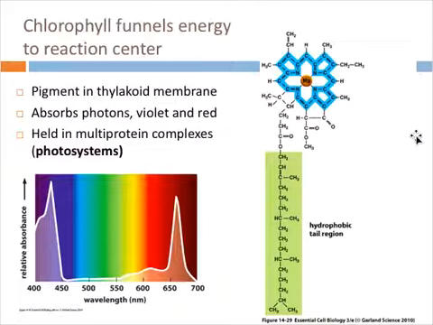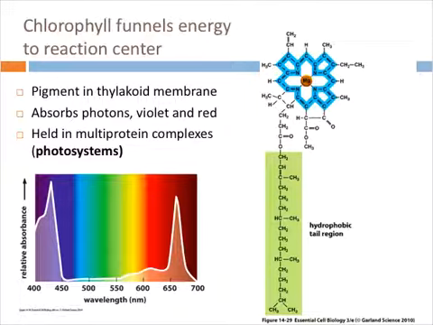Particularly, the photons here are going to absorb violet and red colors of light. Hence, they are reflecting back green, which is why we tend to see green plants.